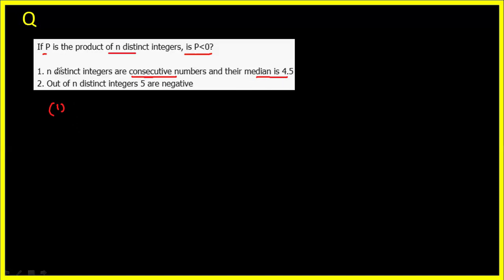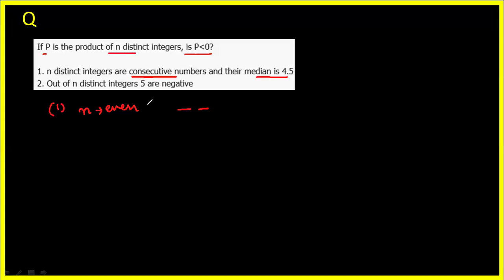That means n, the number of the integers, is going to be even, right? Why? Because the middle two readings, their average has to be 4.5. They are consecutive integers, and the median is given as 4.5. It is only possible when the number of the readings in that set is going to be even, right?